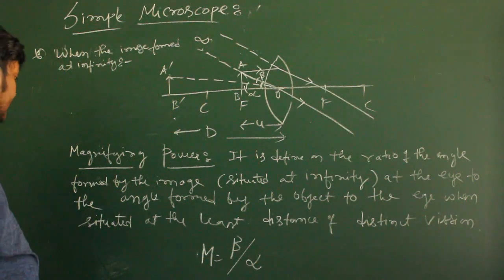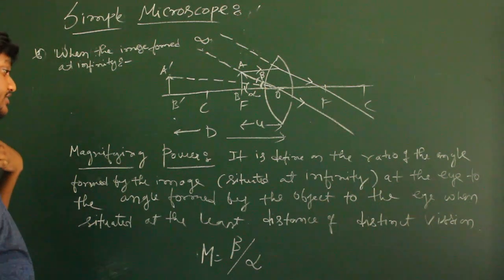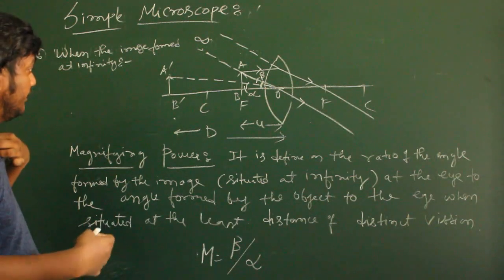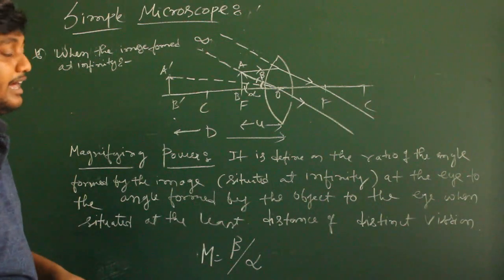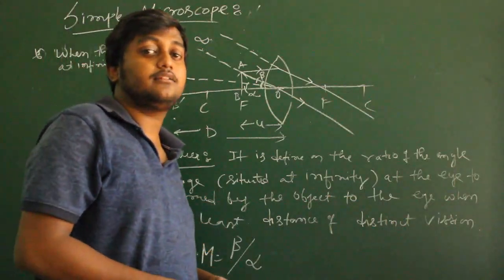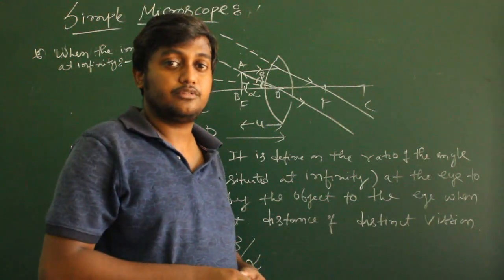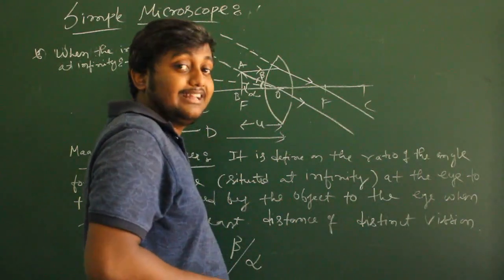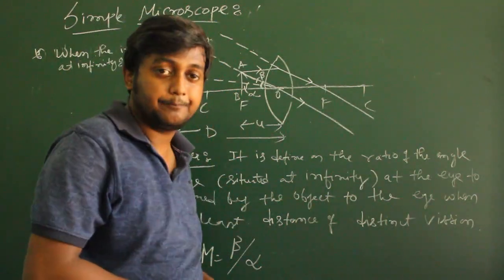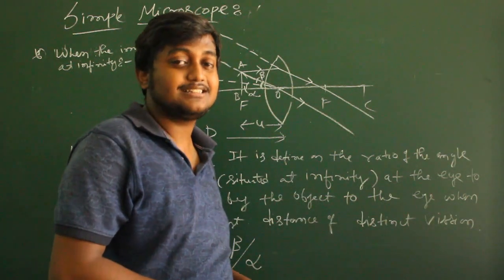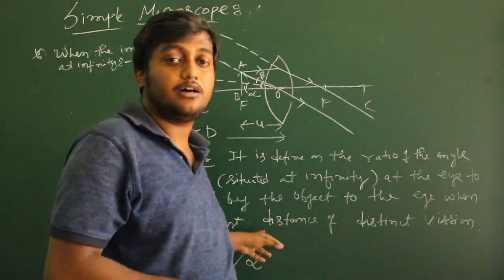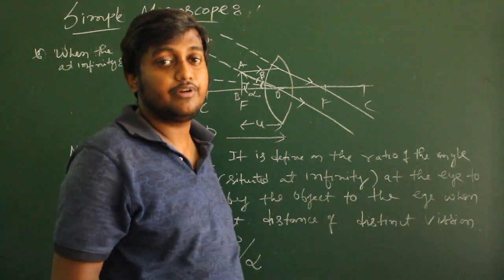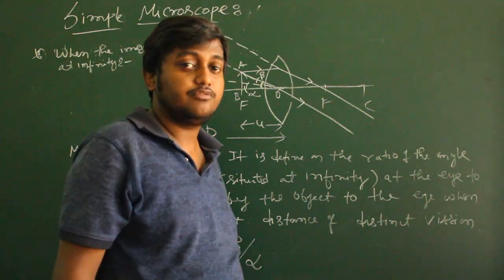And alpha is the angle between the object and the eye when the object is placed at the least distance of distinct vision. So in this case, magnifying power equals beta by alpha. Beta is the angle by the image, and alpha is the angle by the object when it is placed at the least distance of distinct vision.